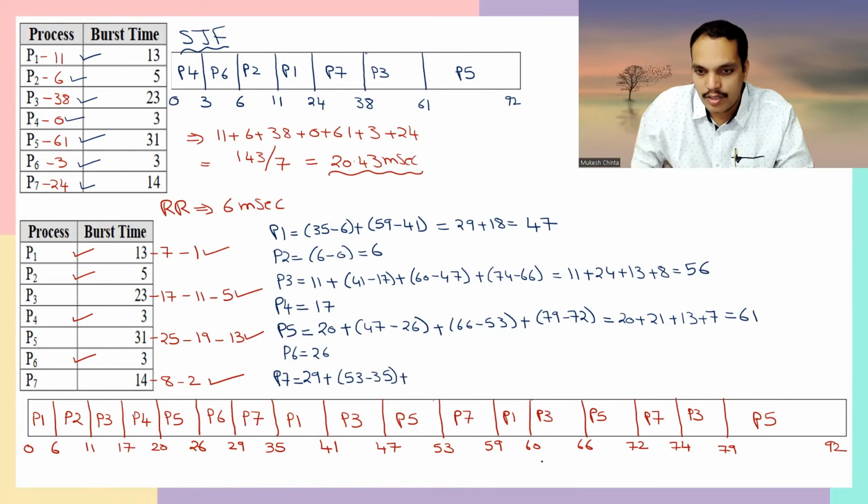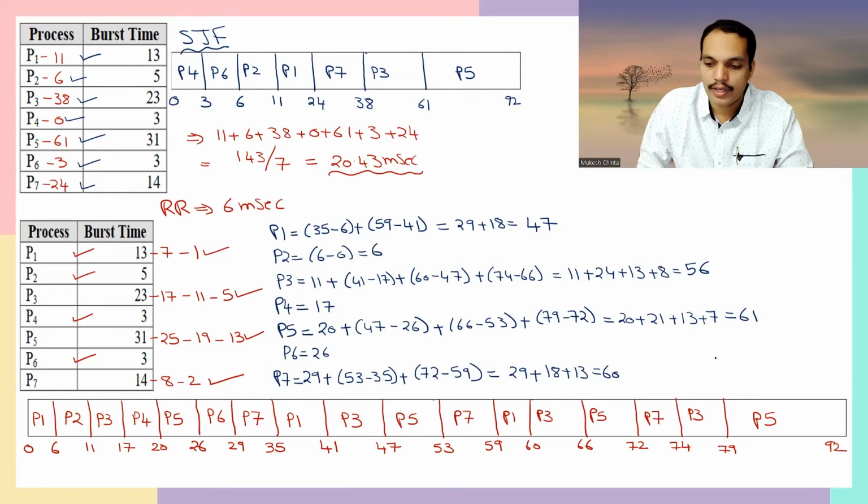P7 entered at 72. So plus 72 minus 59. It has closed here. So what I get is 29 plus 18 plus 13, which is equal to 60.